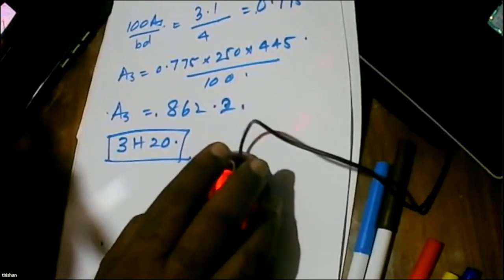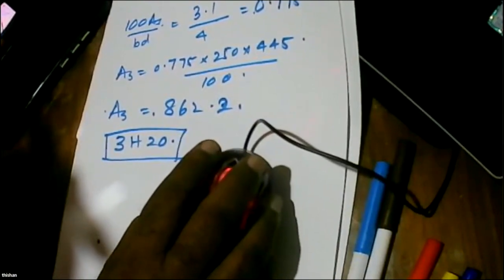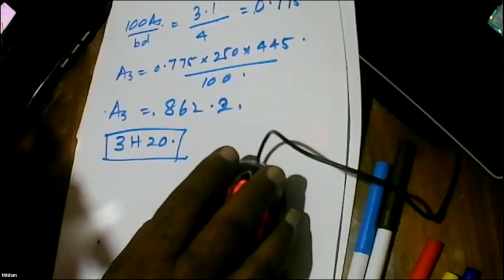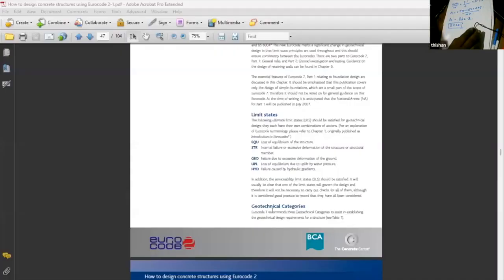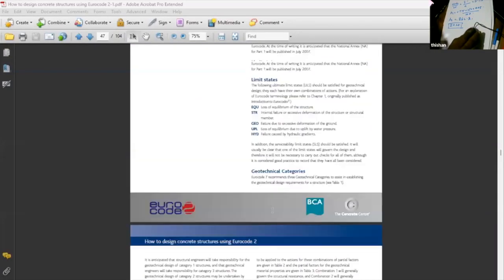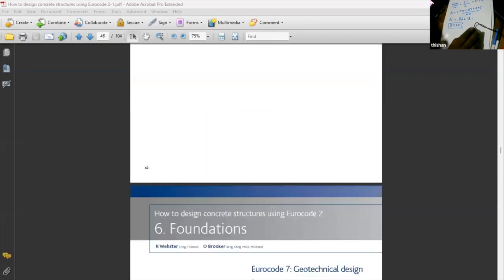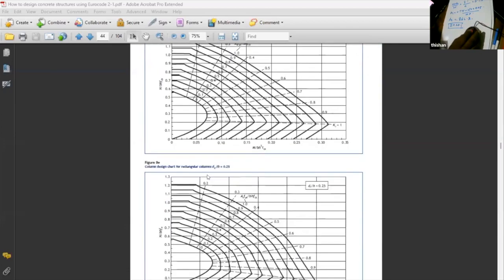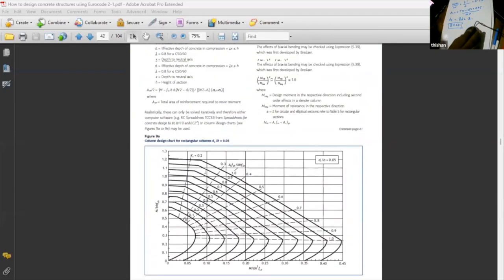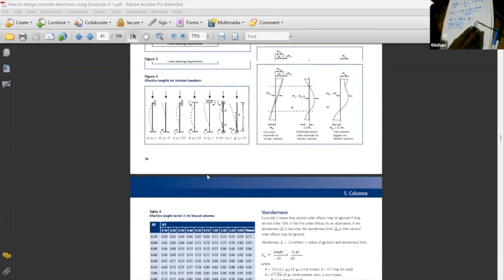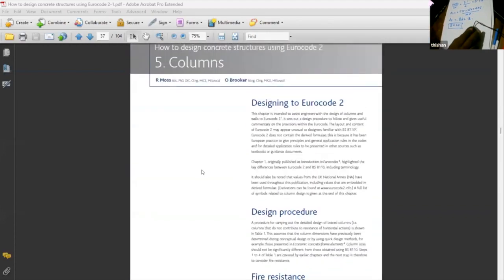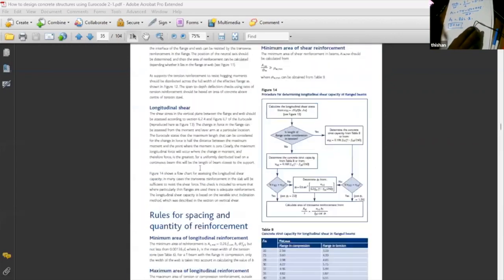Where is this other book? This one. No. In this book, there are charts. There should be a chart in this book also.